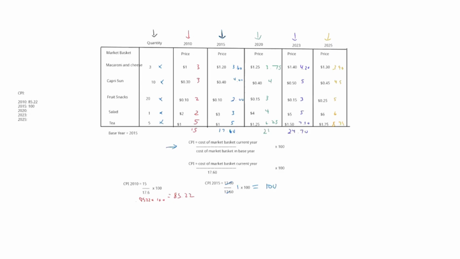So add this, we get 3.9 plus 4.5, 840, plus 5 is 1340, plus 6 is 1940, plus 875 is going to give us 2815.